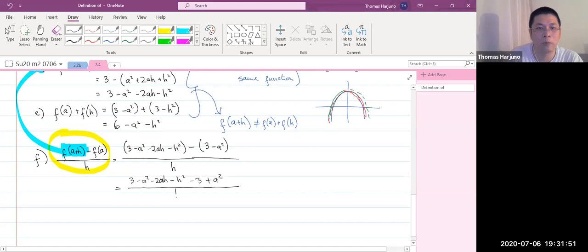And then when you combine like terms, you will get negative 2ah minus h squared, over h. I can factor the h out. Actually, I can factor negative h out. I get negative h times (2a plus h), over h, and cancel the h.